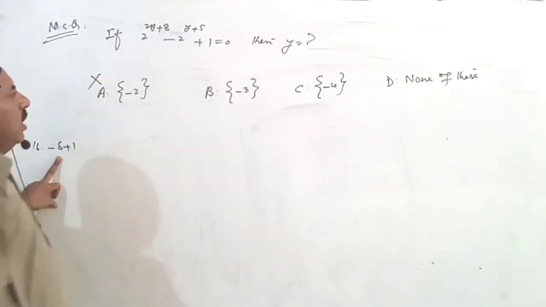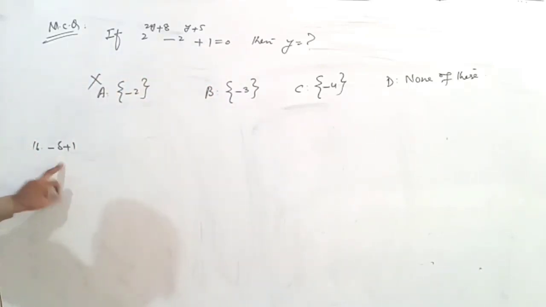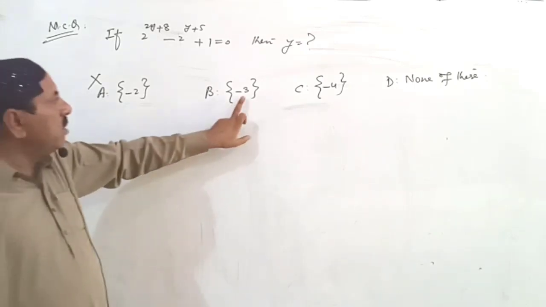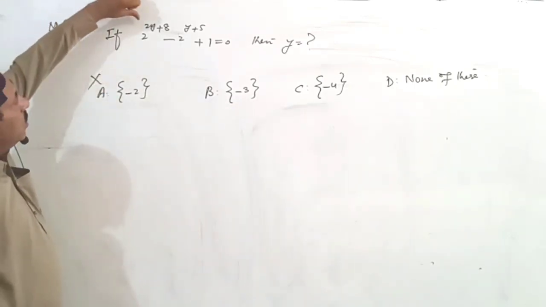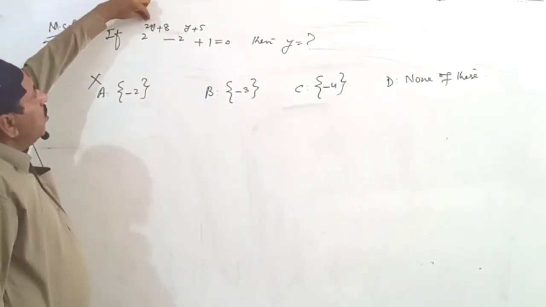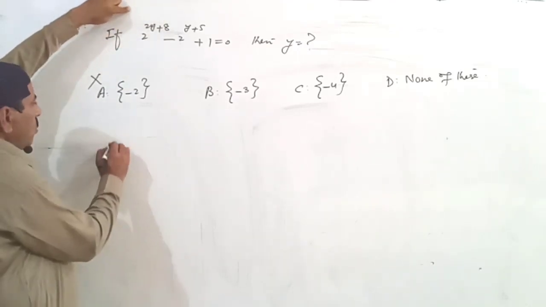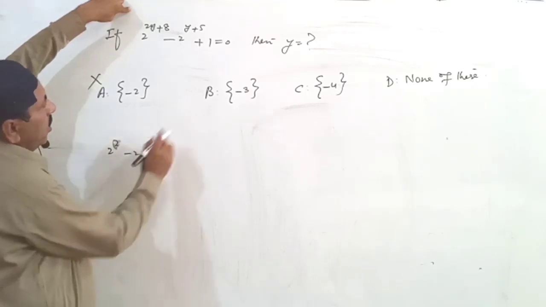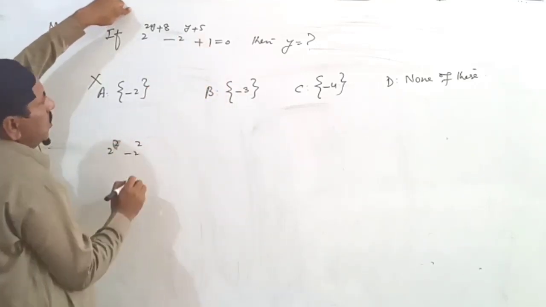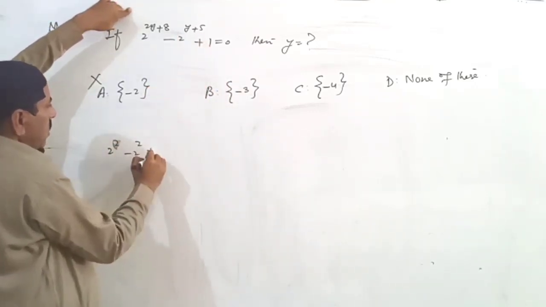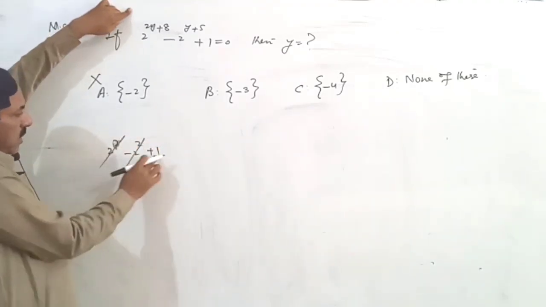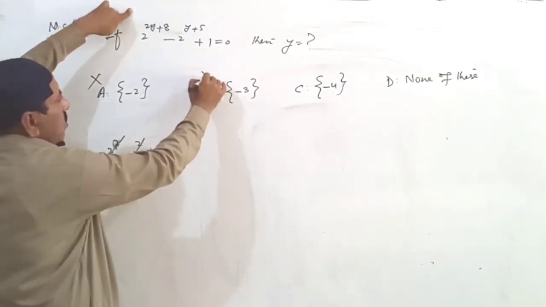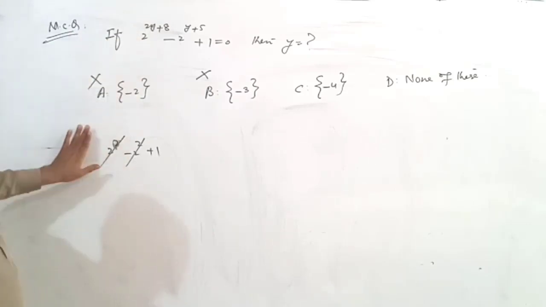So minus 2 is the wrong answer. Again, if it is minus 3, 2 into minus 3 is minus 6, minus 6 plus 8 is 2, 2 power 2, and minus 3 plus 5 is 2, 2 power 2, cancel, plus 1 cannot be equal to 0. This is also a wrong answer.